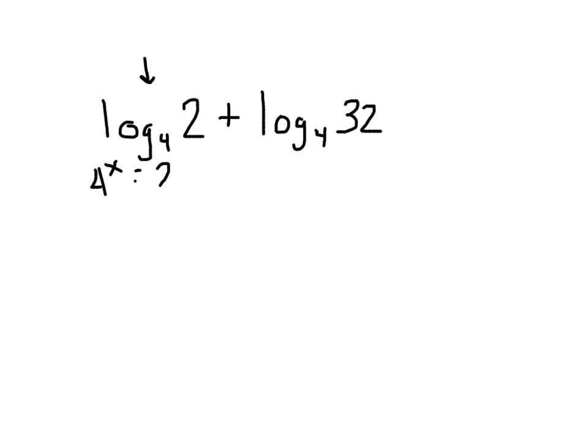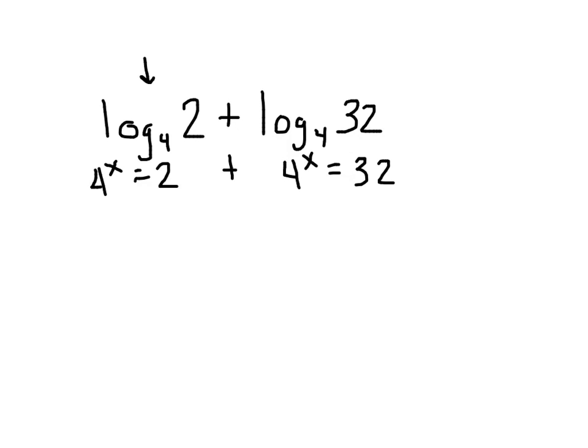We're going to have log base 4 of 2 plus log base 4 of 32. Now, recalling from last section, if we want to rewrite this as exponentials, this one would be 4 to the x equals 2, and this would be 4 to the x equals 32, with a plus sign in between whatever the x's are.